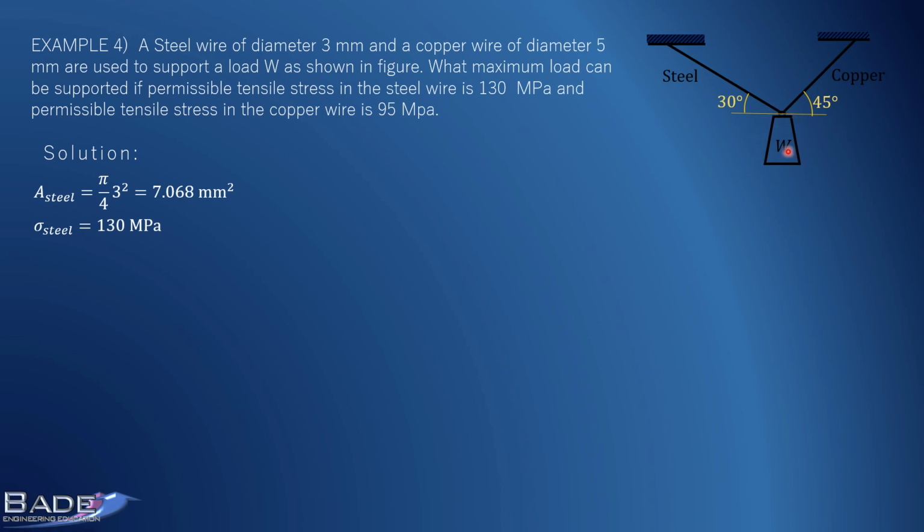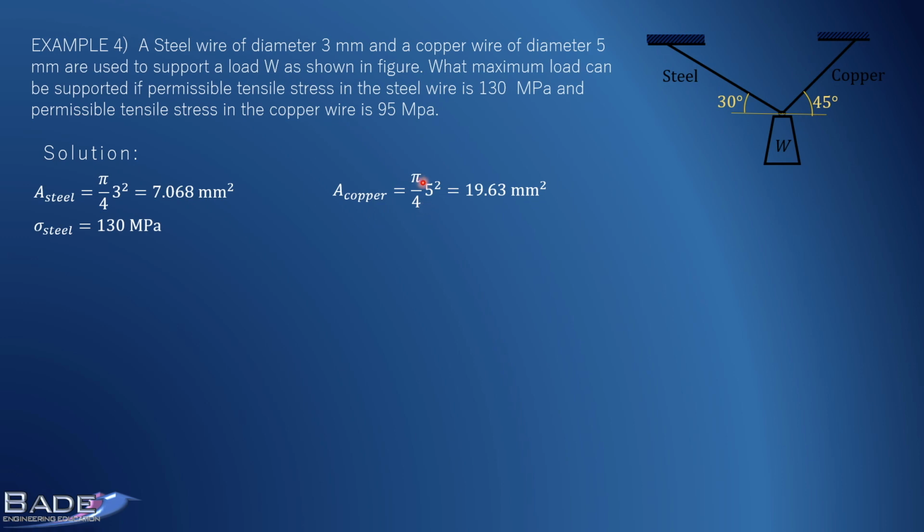If there is no load here, stress in steel wire 0, stress in copper wire 0. So actually here in this situation, what is stress in steel? We don't know. This is the condition that it should not exceed 130 megapascal. That's all. So this is not induced stress. It is just one condition given that stress in steel must not exceed 130 megapascal.